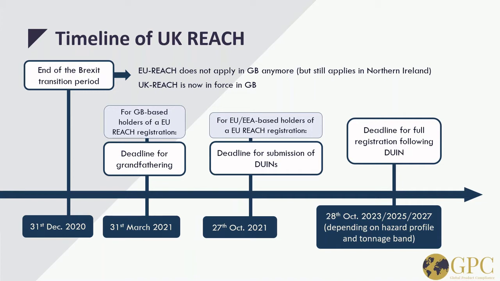It is when GB-based holders of an EU REACH registration can perform a simplified procedure and continue to use the British market. 27th of October 2021 is the deadline for DUIN submission, and this is for EU and EEA-based holders of an EU REACH registration. The deadline for full registration following DUIN and grandfathering is then 2023, 2025, or 2027, and that depends on hazard profile and tonnage band. This is going to be discussed more in a few slides.